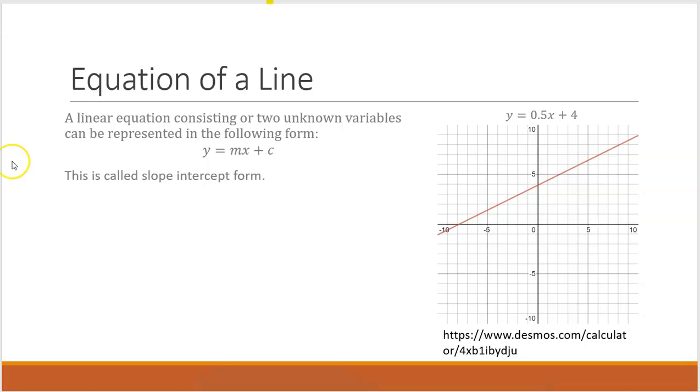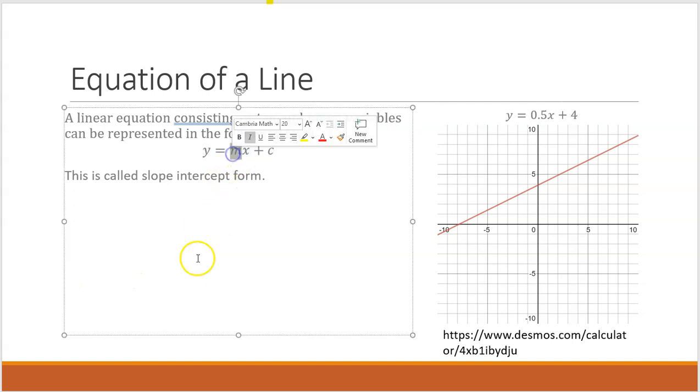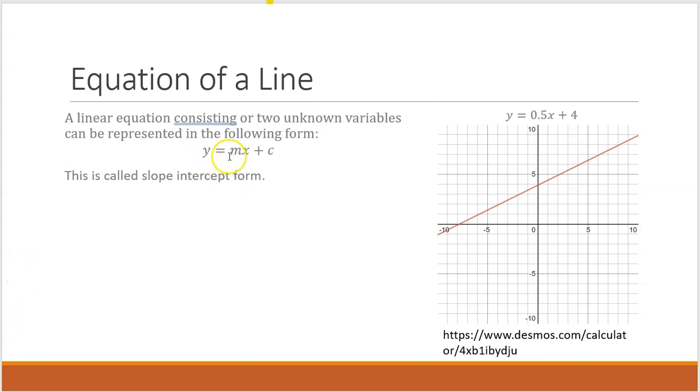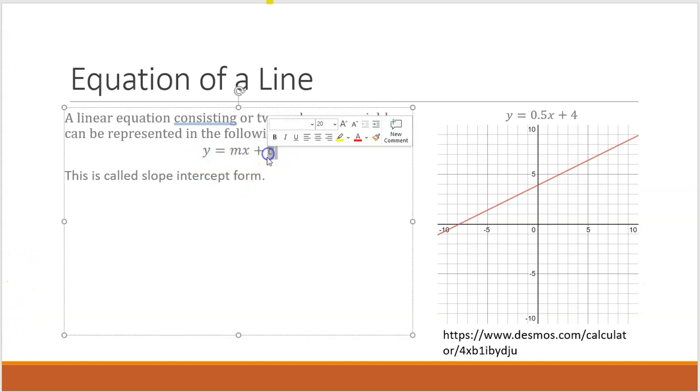Now going back, consider the equation of a line. We can write it in a form called y equals mx plus c. Now, last lesson in Learning Intention 2, we learned that this m corresponds to something called the gradient. But there's at least one other feature here, and then there's the y and the x.